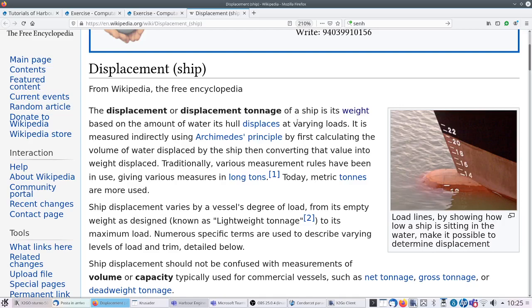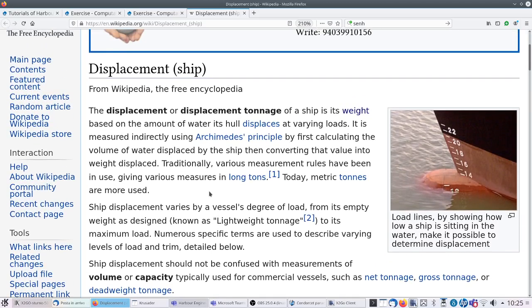So it is basically related to the volume of water that is displaced, put aside, when the ship is immersed into the water.